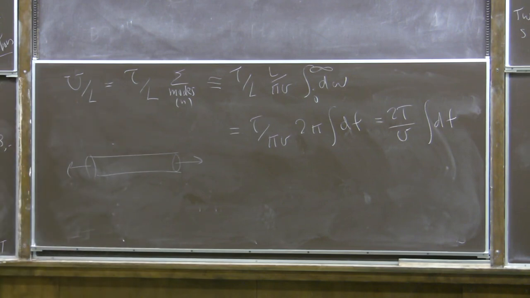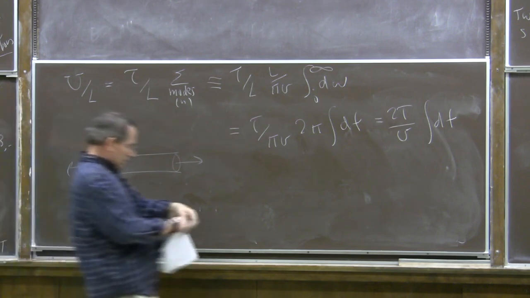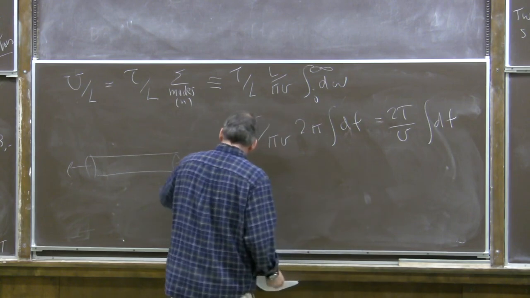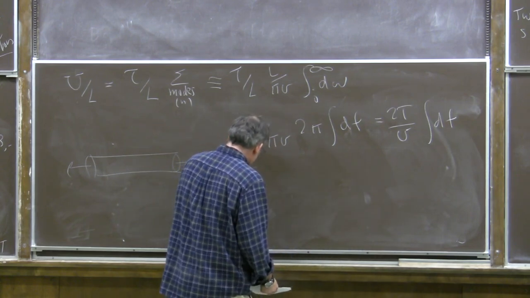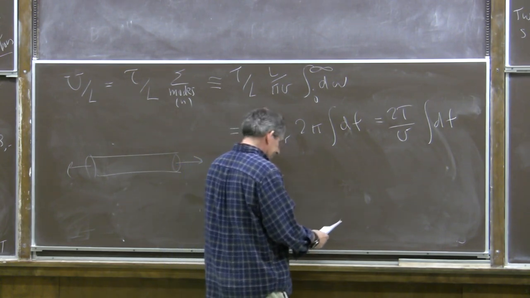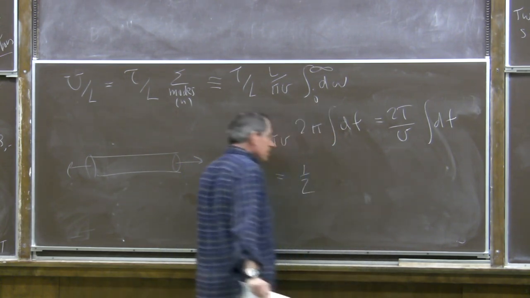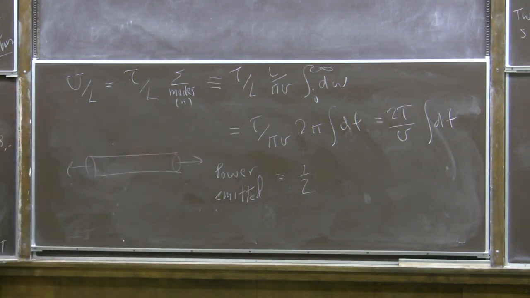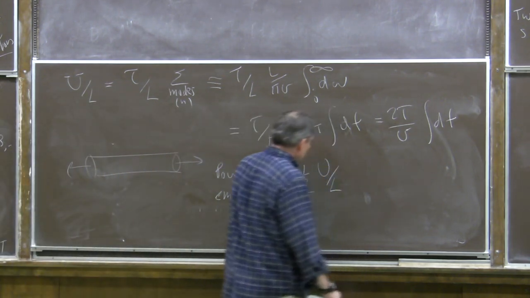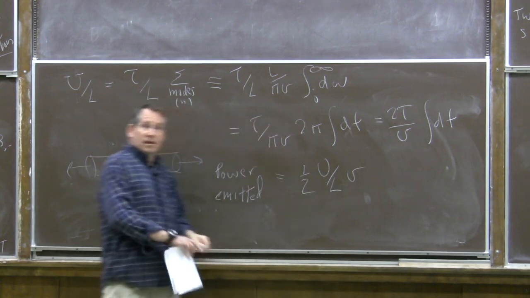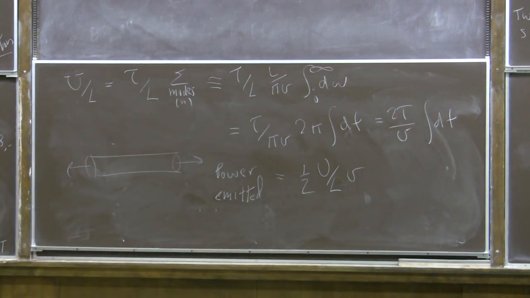So the rate at which power is being emitted at either end is equal to 1/2, because we're only interested in the modes that are traveling in the direction to the right instead of to the left, times the energy per unit length times the speed v at which the signal is being emitted from the end.